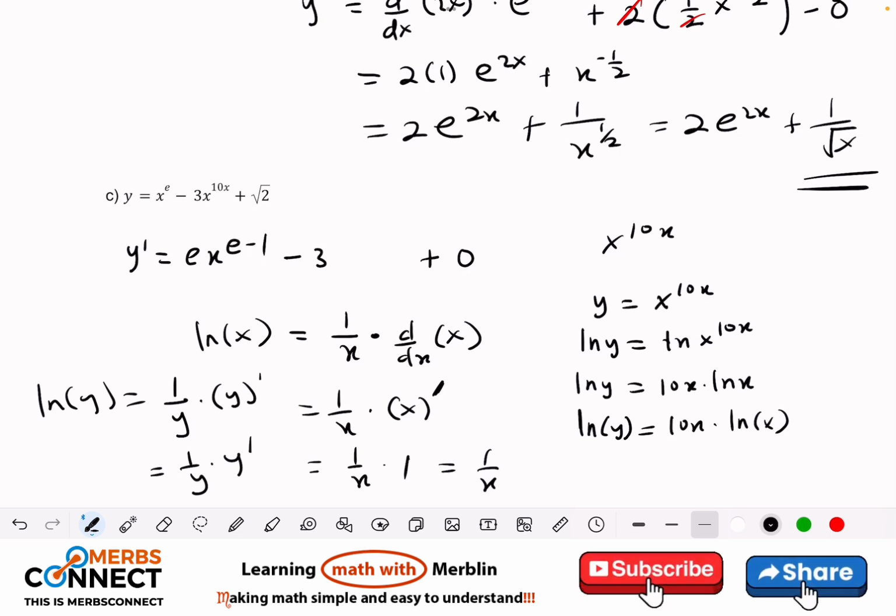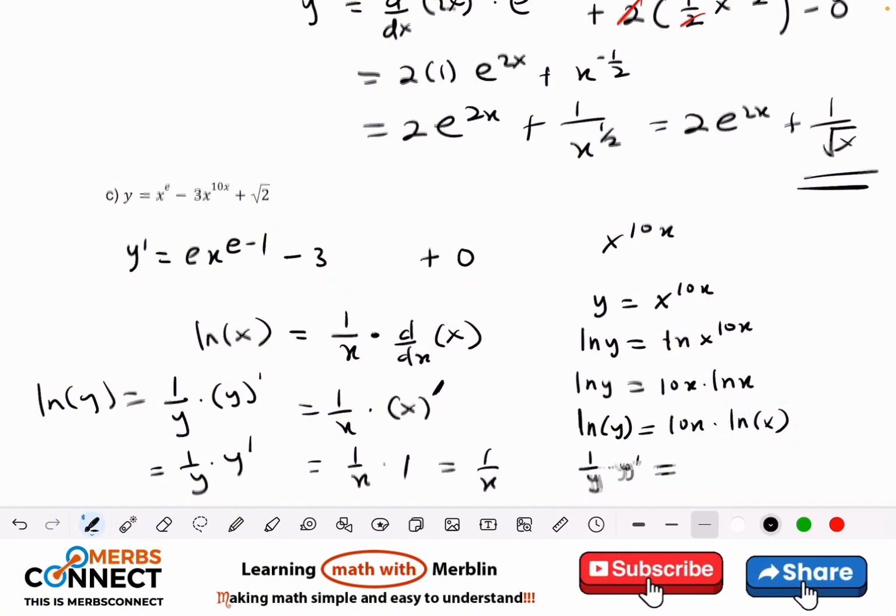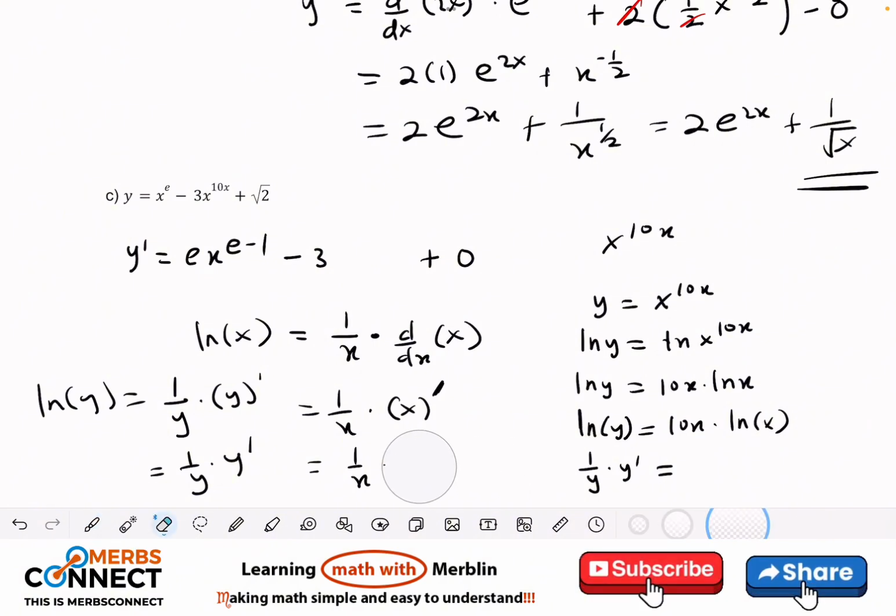So I'm going to get 1 divided by y times y prime, which is equal to, now this one I need to use the product rule for differentiation. So what I'm going to do here is maintain one of the functions. So let me clean this one up.